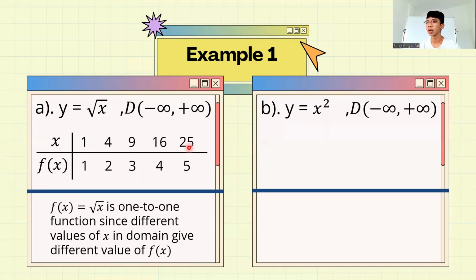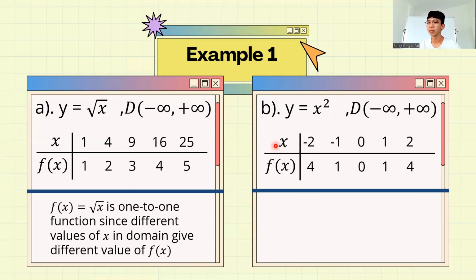Let's take a look at another one. Example B, we have the function y equal to x squared. The domain is the same, negative infinity to positive infinity. Here we give the value of h and get the value of f(h). Let's take a look at when h equal to negative 2 and h equal to 2.